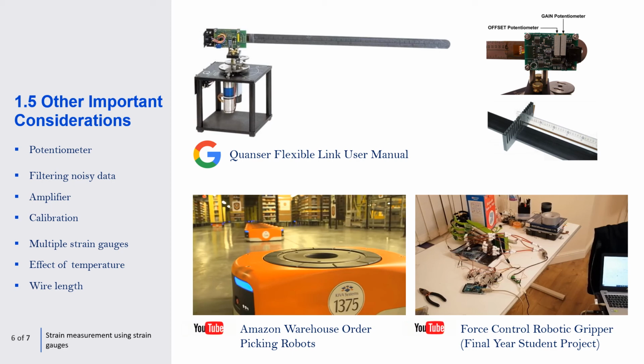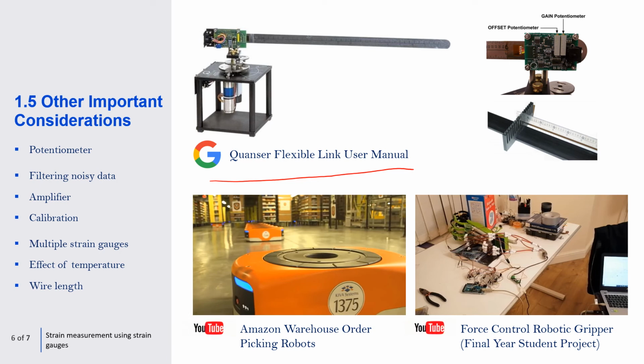So it could be from 0 to 5 volts. And from that 0 to 5 volts, you might calibrate your device for strain or force or whatever. If you look at the Quanser flexible link user manual, that's useful. Type this into Google and you'll get the manual and have a look at how they calibrated the device for strain, based on the voltage.